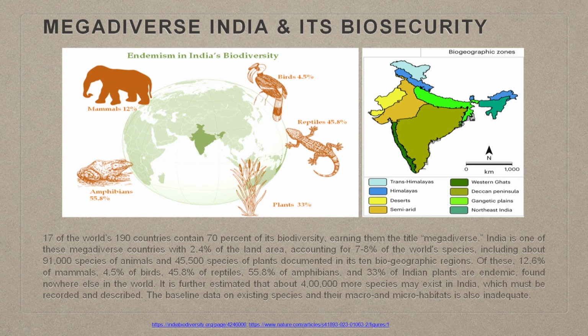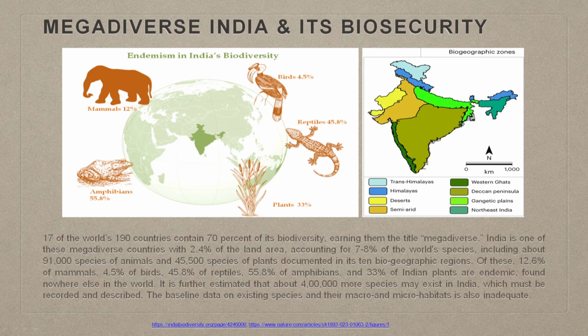If you look at this whole biogeographic zone, you will realize that each one of these zones has a unique flora and fauna. As a matter of fact, the microbial population from the soil to the population of organisms in the water bodies in those regions, the plant diversity and the animal diversity are entirely different.